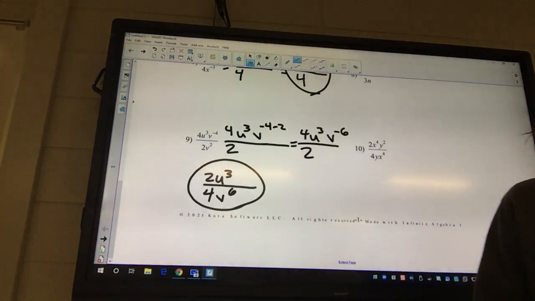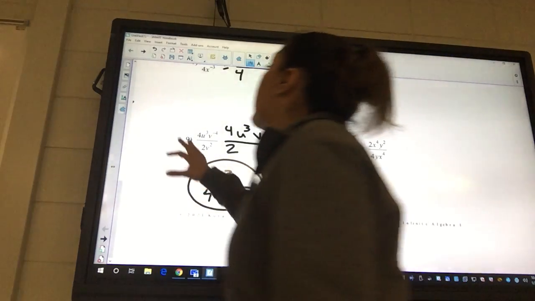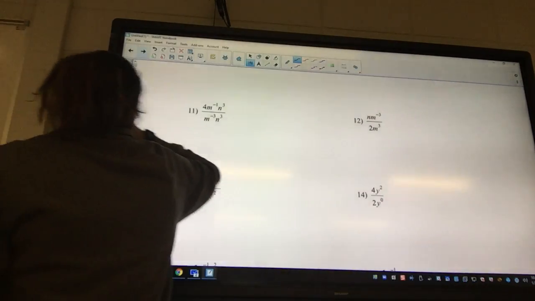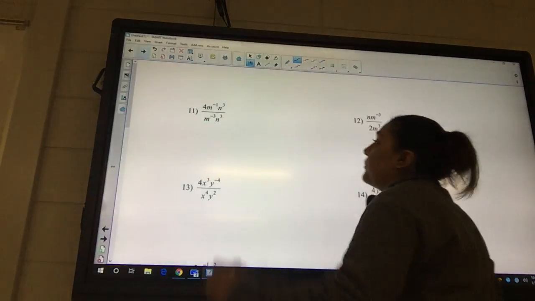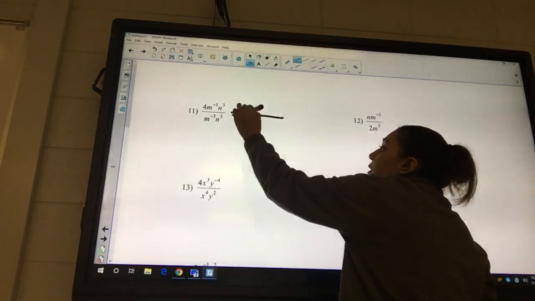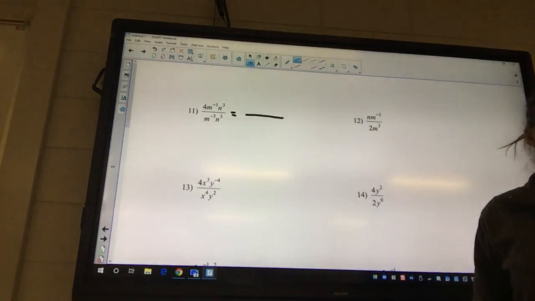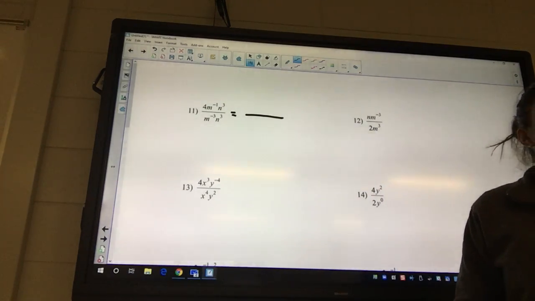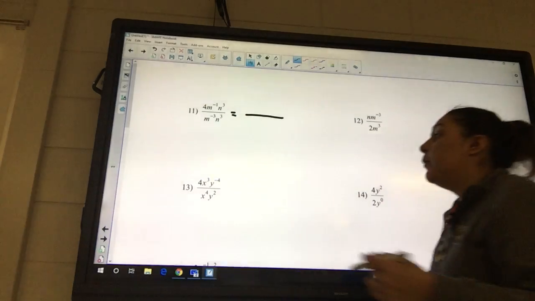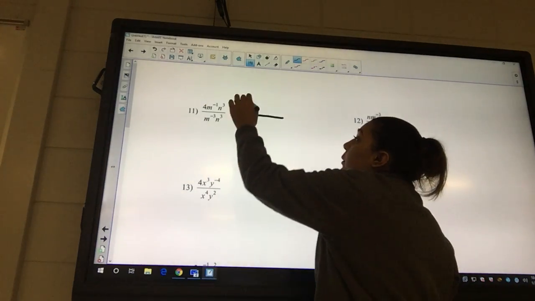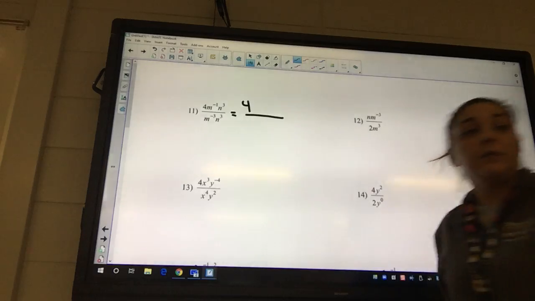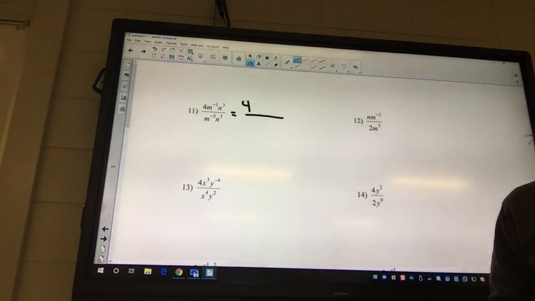Can I go to the next page? Okay, look at 11. Draw your fraction bar. Okay, and what do we do next? Draw the bases. Yeah, we put our big numbers down. Okay, so we put our big numbers down. You can, but you don't have to.